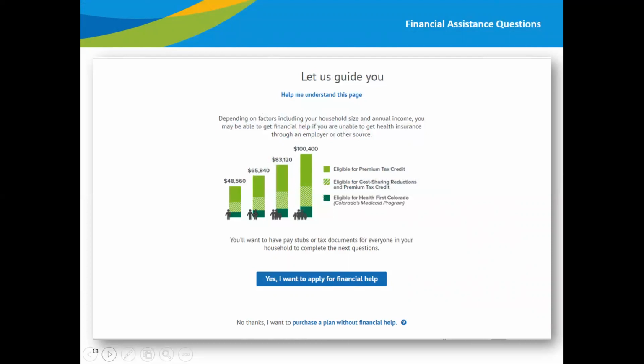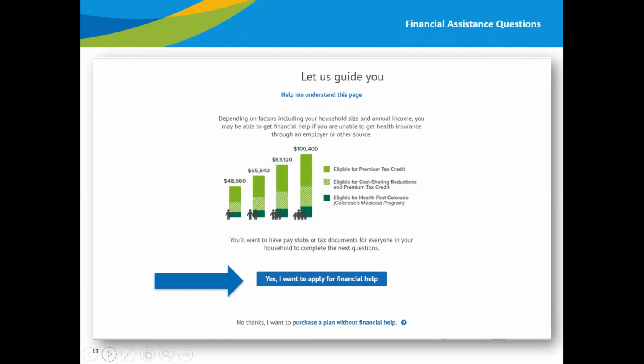The graph and the infographic on the screen are to give individuals a general sense of the income eligibility guidelines based on their households under which they might qualify for tax credits or cost share reductions. If an individual wishes to continue with an evaluation for APTC CSR eligibility, they would click that blue button, "Yes, I want to apply for financial help."